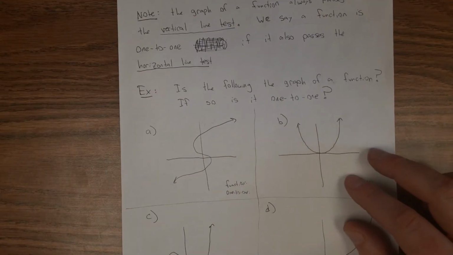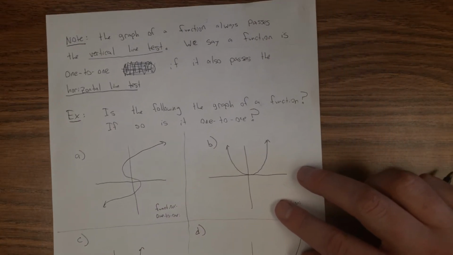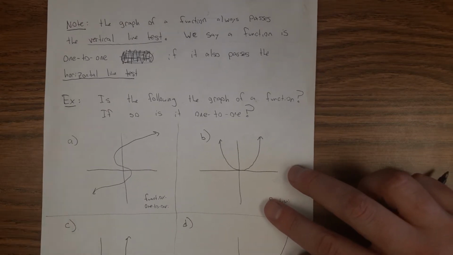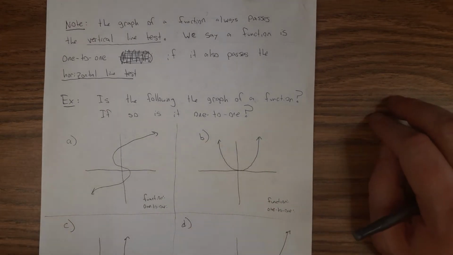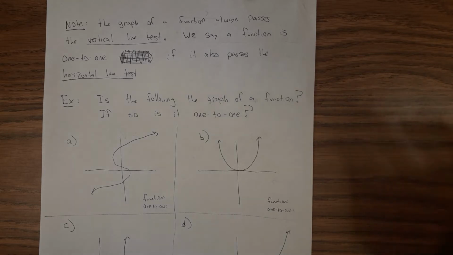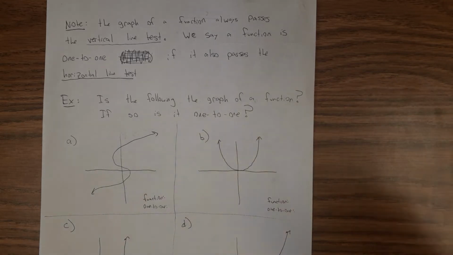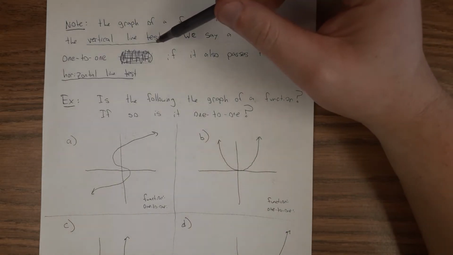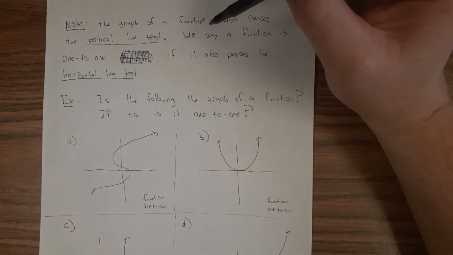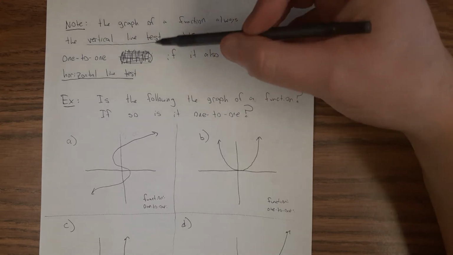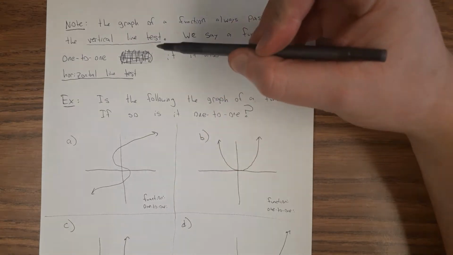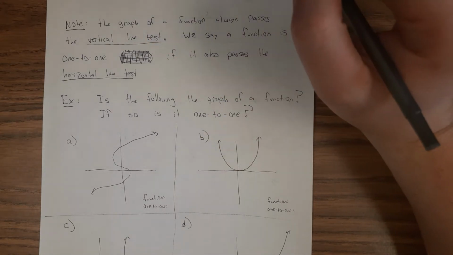Okay, so we often talk about the graphs of functions, and especially going back to when the domain is a subset of the real numbers, we often graph functions, and the graph of a function always passes the vertical line test. That means if I'm looking at the graph and I draw any vertical line, it crosses at most once.